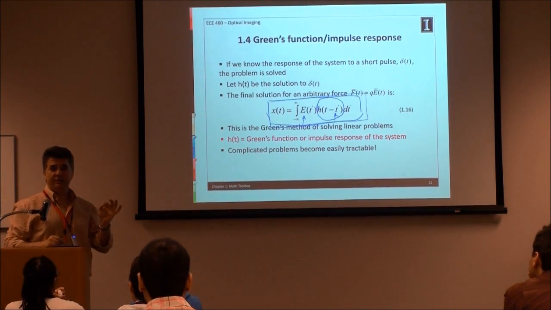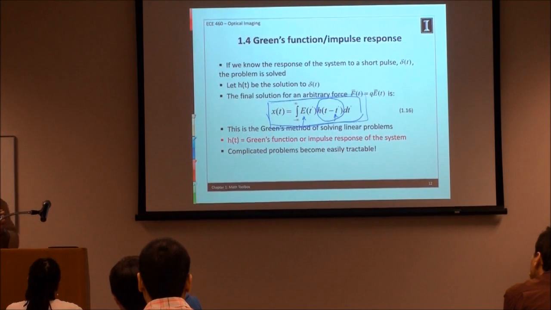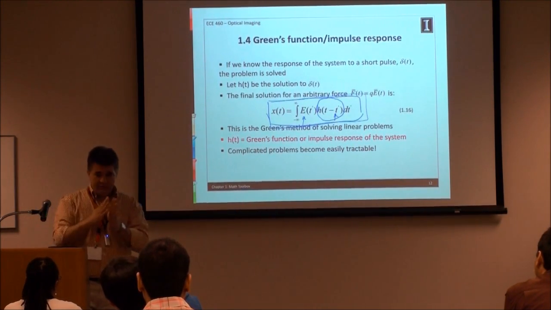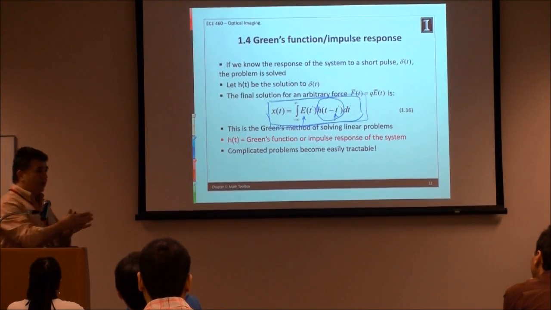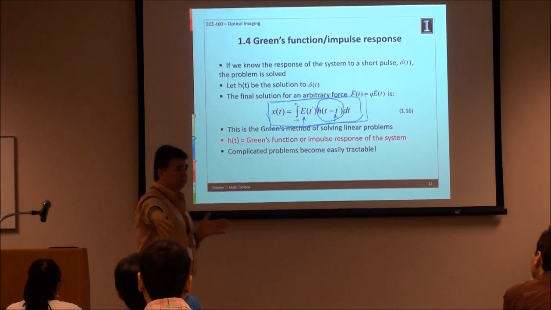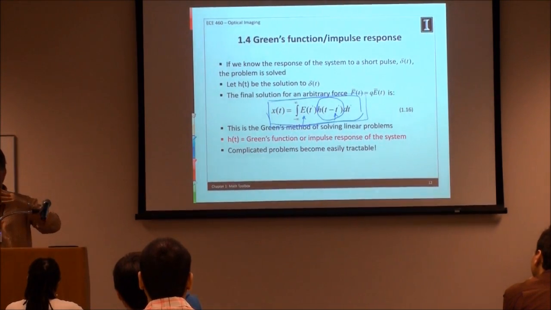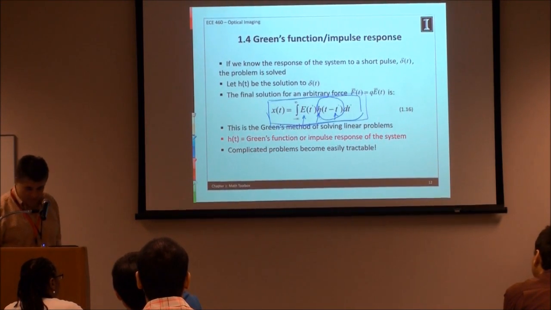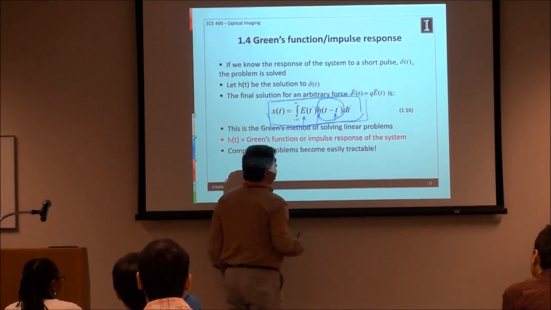I cannot make it a delta function, unfortunately, but I can come close. So to fully characterize the linear response of my crystal, I make the pulse as tight as I can, fire it at the crystal, measure it on the other end, and I will get something out. That will most likely be broadened, right? For one thing, there will be some phases in there too. So that's how I measure h.